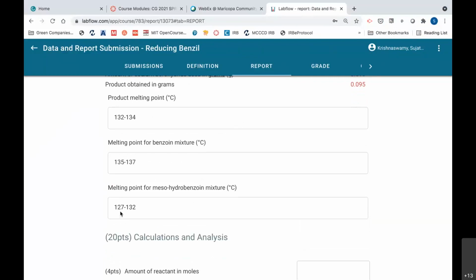The second melting point, so if you get a high yield of the product, this one, benzoin mixture, no, it's not higher. The product is 132 to 134. This is 135 to 137. It's not higher. It's just a different, sharper range. It's only a 2-degree difference.